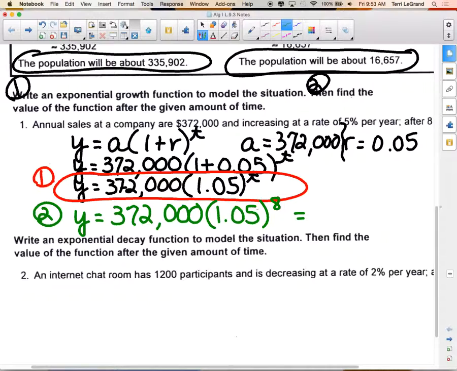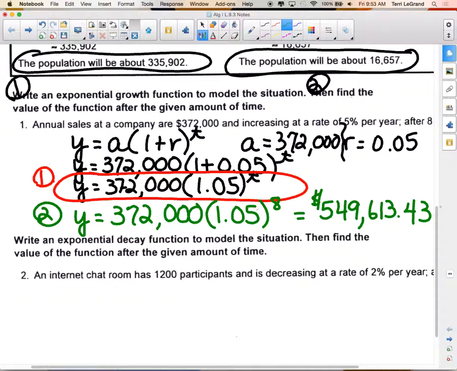Who thinks they have it for us? $549,613.43. Everybody agree with that? Not if you round to the hundredth, it'd be different. I'm guessing you just clicked times when you got your decimal, because when you multiply 1.05 to the eighth, it's like 1.47. If you round that, it'd be different. Just don't round; put it all in at one time.